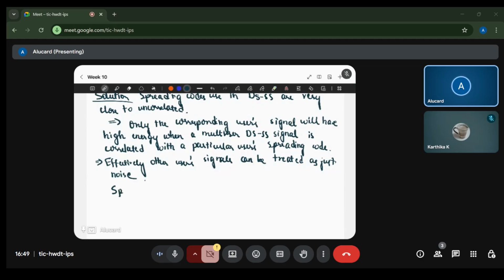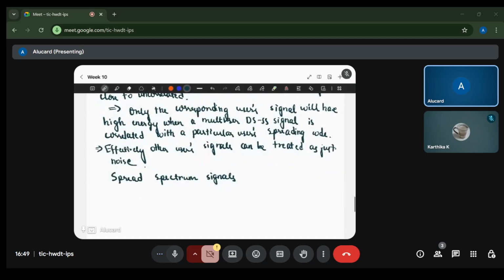Next hint is spread spectrum signals have amplitudes that are so low that they are comparable to noise amplitudes.